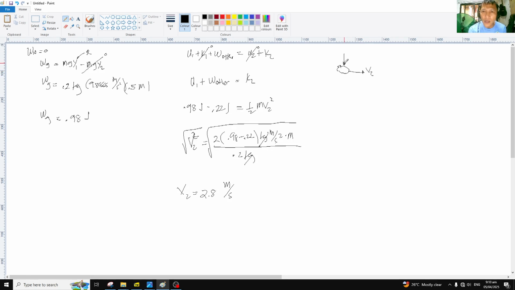And then it has weight. It has normal force. And it has a frictional force. Summations of forces on Y will tell you that it is equal to 0 at the bottom.